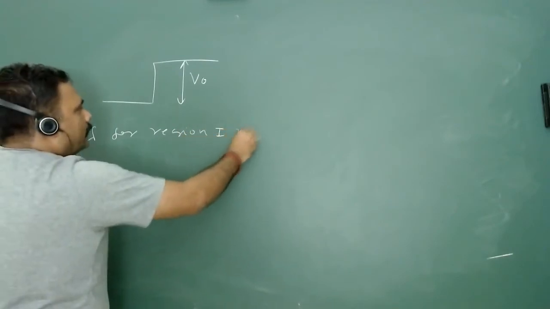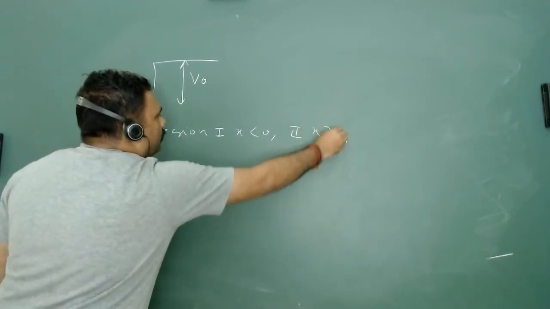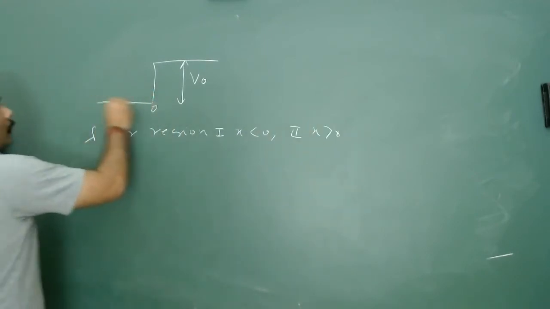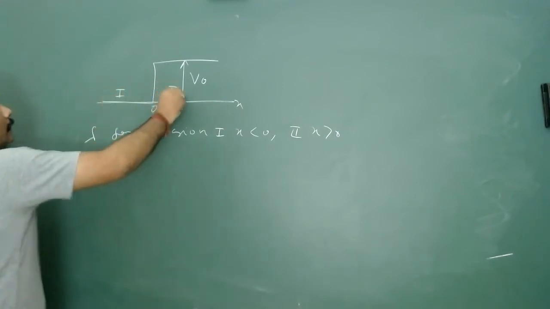Region 1 is x less than 0, and region 2 is x greater than 0. Let this be 0 and this be x. This one is region 1, this one is region 2.